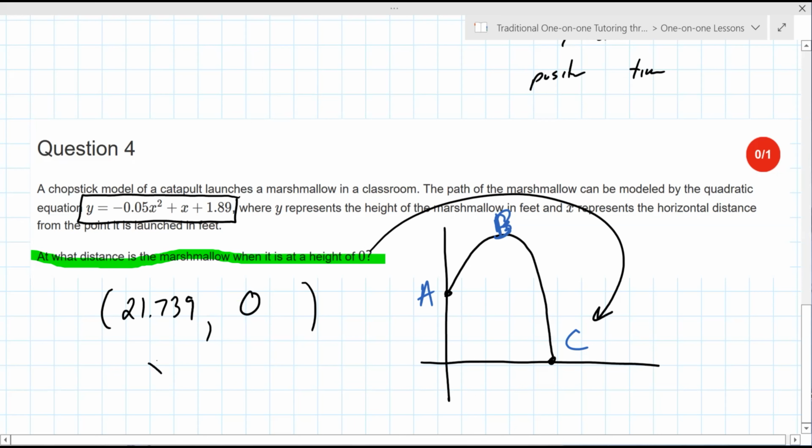So the X coordinate in this case is this length right here, and the Y coordinate is your height. The answer is the X coordinate because it tells you how far horizontally you've gone. Imagine you throw a marshmallow away from you, it will land some distance away.